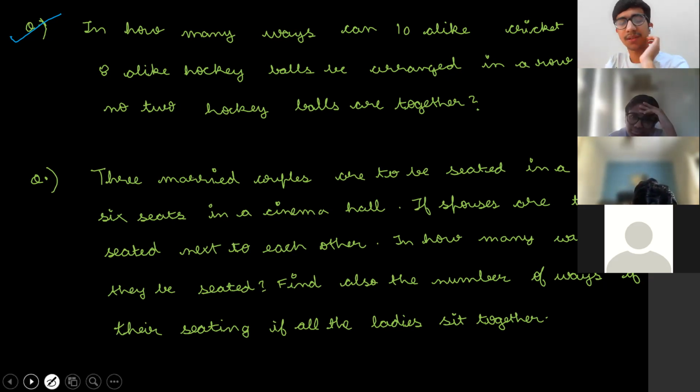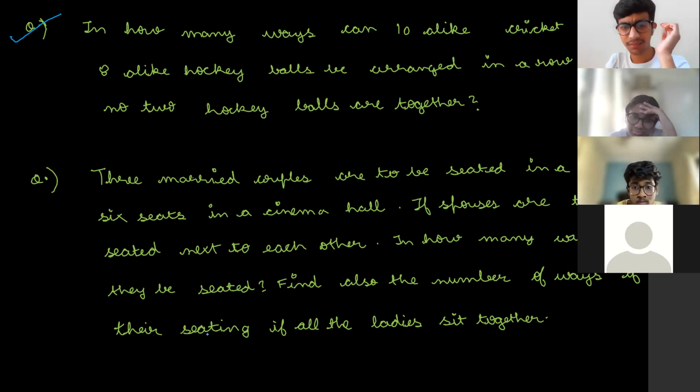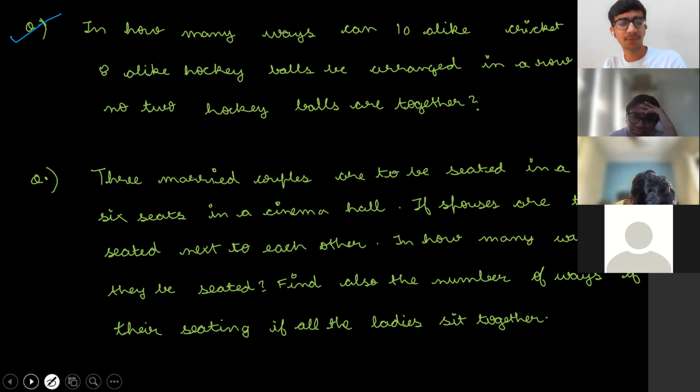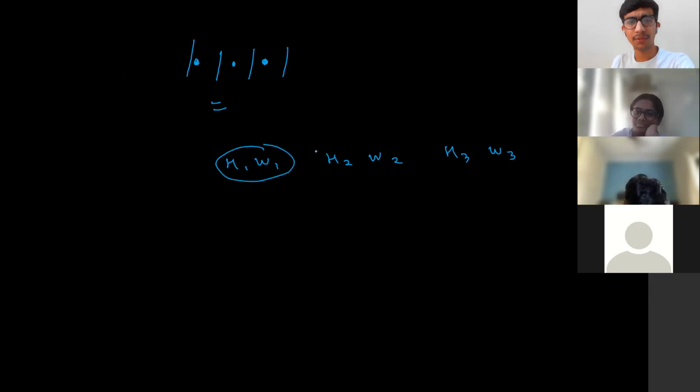Okay, so the first question says ki if these spouses are to be seated next to each other. So husband and wife, they have to sit next to each other, right? So let's say we have H1, W1, H2, W2, H3, W3. So I'll take them individually as a unit.